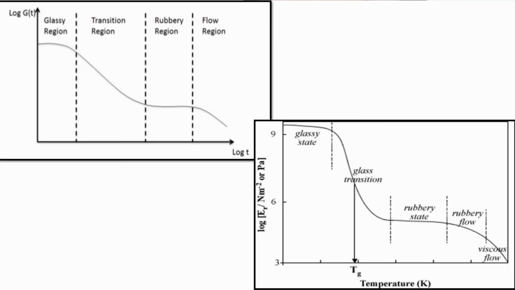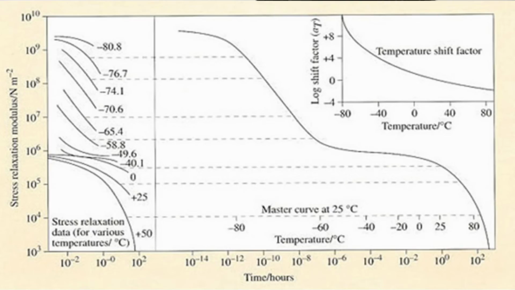This similarity can be exploited to get the response at very long times by doing the same experiments in a short time span within the experimental limit but at higher temperatures, and shifting them horizontally left or right from a reference temperature. The entire spectrum of response obtained by shifting is called a master curve. The horizontal shift factors give the change in viscosity at different temperatures with respect to a reference temperature.